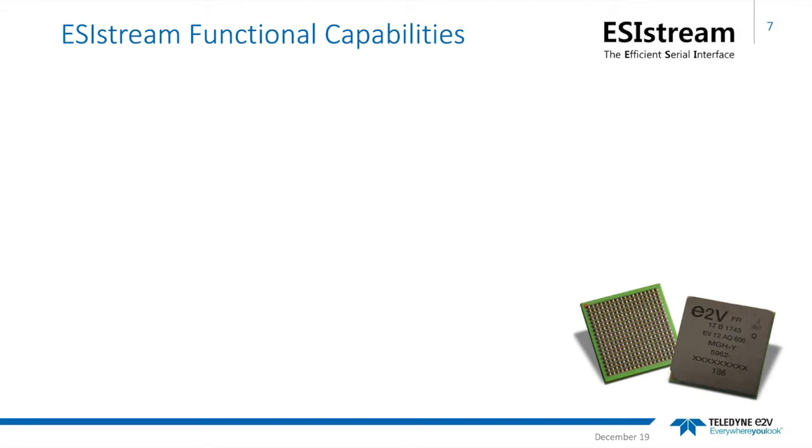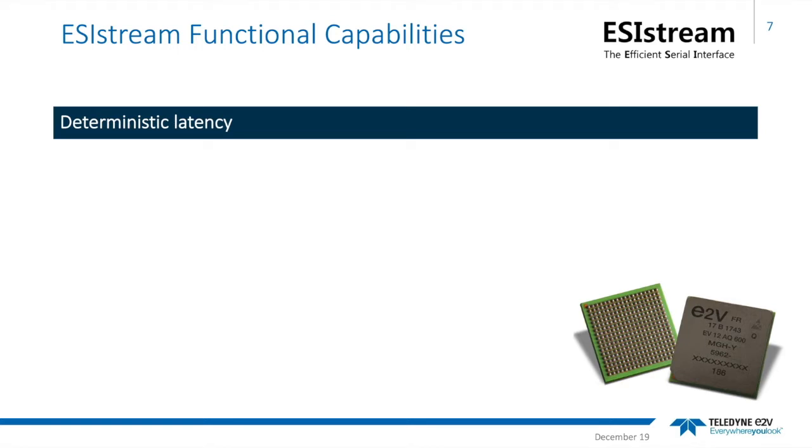What are the high-level features of ESIstream and what can it do for you? Important in many signal processing applications, such as beam-steered systems, like those used with highly agile radar, as well as in comms and electronic countermeasures, is deterministic latency. Deterministic latency ensures that a target system remains on top of the all-important signal phase information within the design.